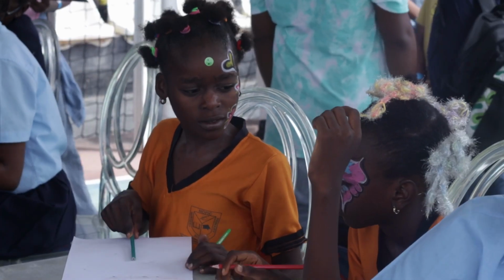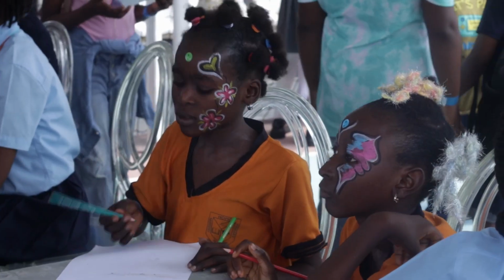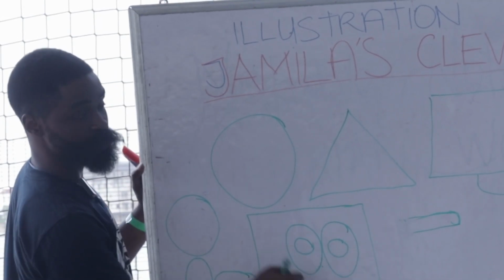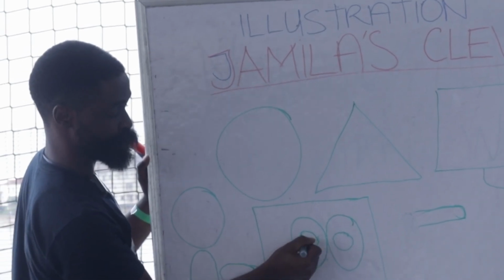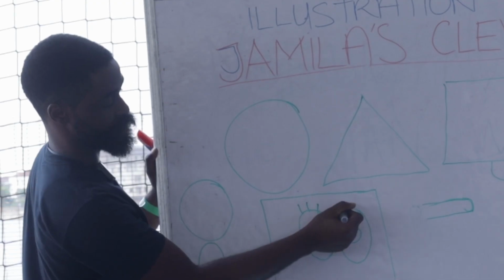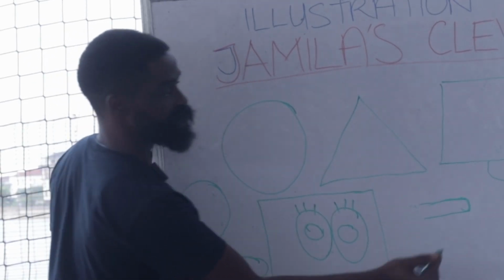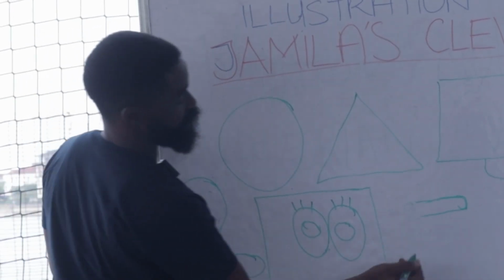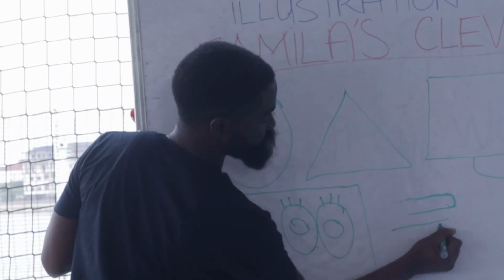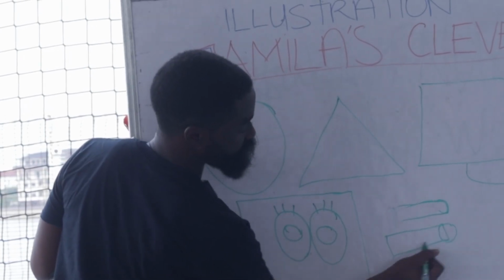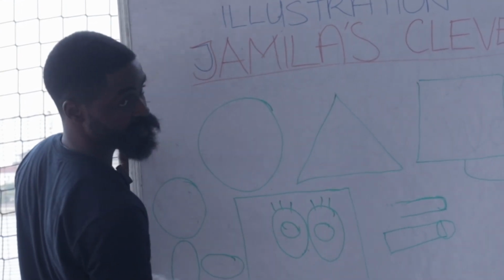So for SpongeBob, he is basically a rectangle with 2 ellipses for his eyes, and then 2 circles within those ellipses form his pupils. And then his nose is basically a combination of a rectangle and a circle. So this is a rectangle, and then at the end is a circle.